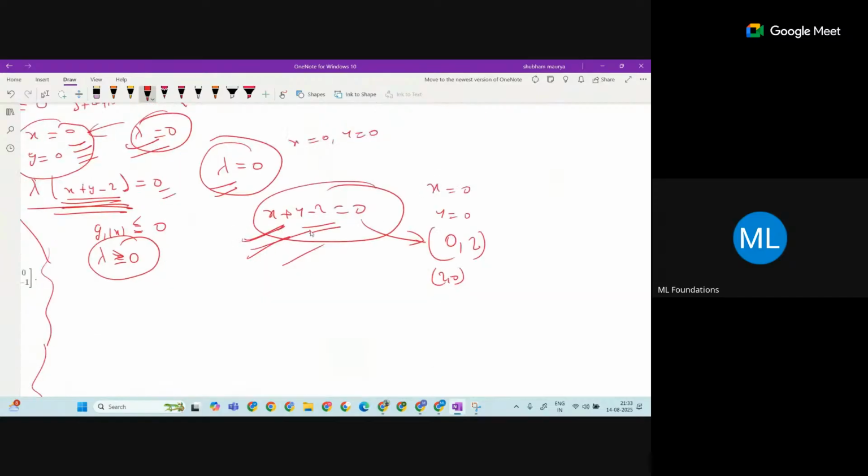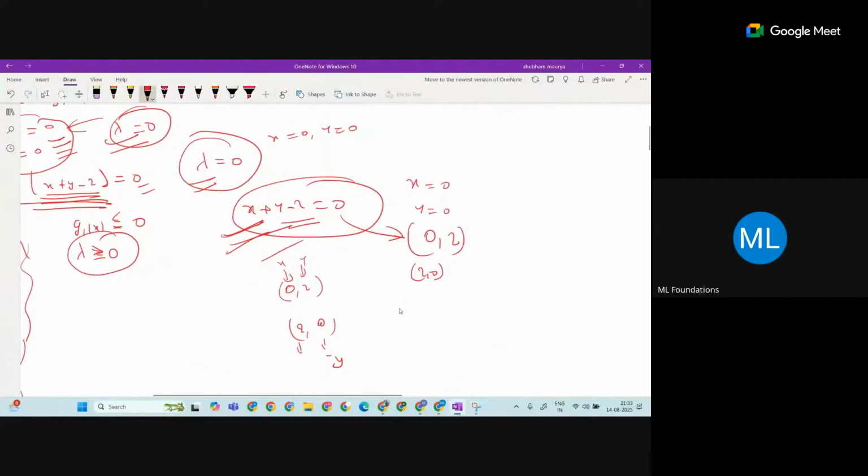If you proceed by this method, you will get the critical point x is equal to 0, y is equal to 2, or 2 and 0, where this will be x and this is y. So three critical points we will get: 0, 0, 0, 2 and 2, 0.